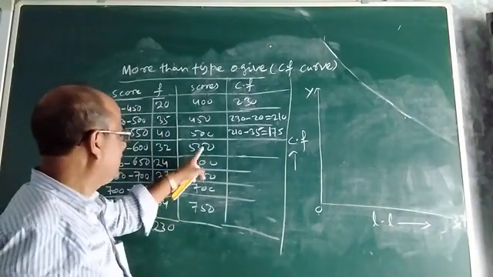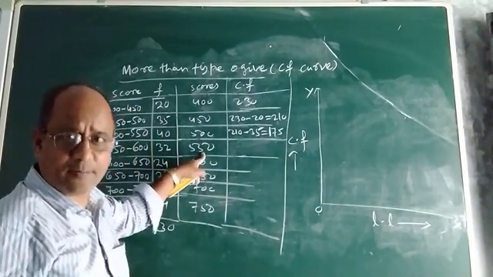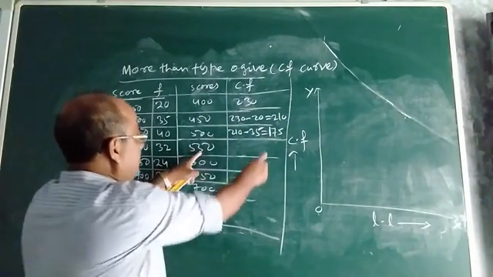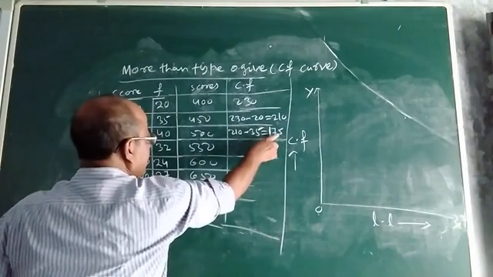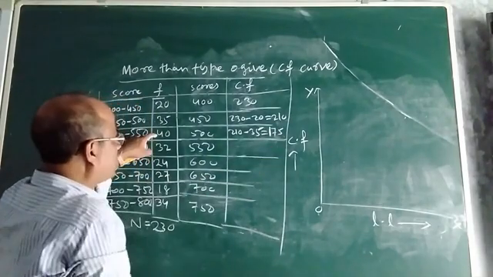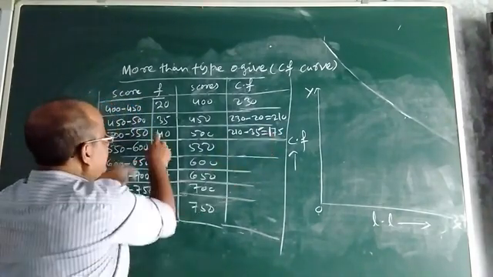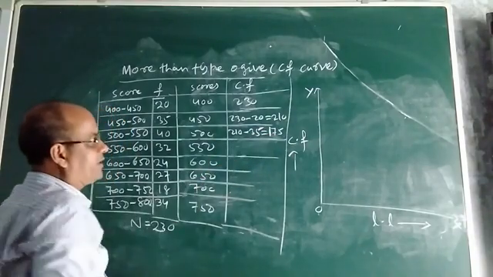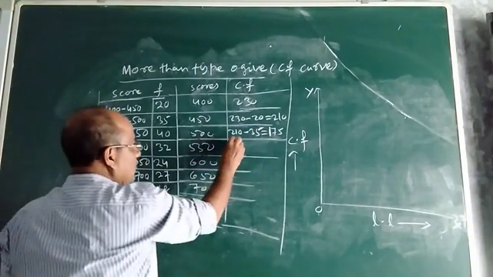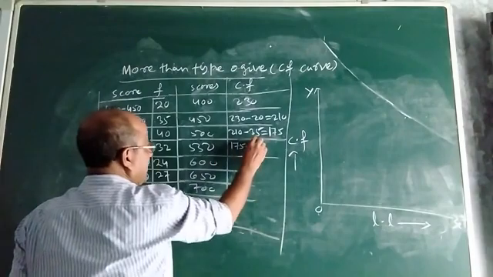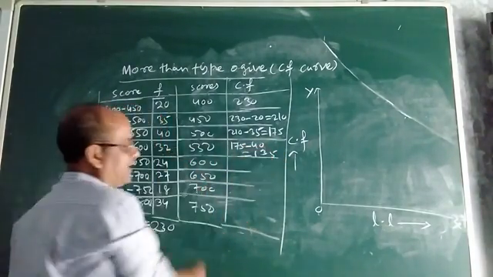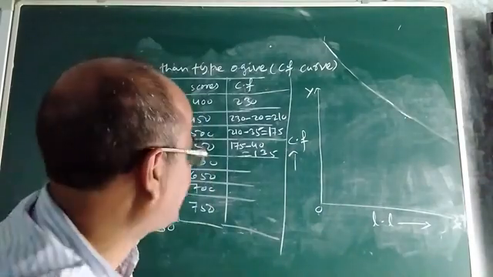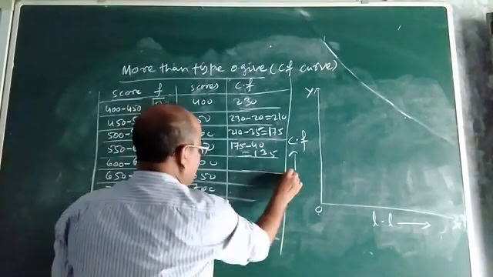Then what will be the cumulative frequency of 550? Let us find out. The cumulative frequency of 500 is 175. Now from this 175, 40 must be subtracted. 175 minus 40 will be 135.